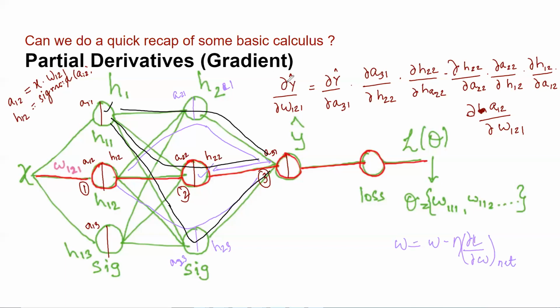In some books, instead of del, they write something like this, or they might write something like this also. You might find in the same book that in one chapter they use one notation, and in the next chapter they use another notation, without explaining that they are the same thing.